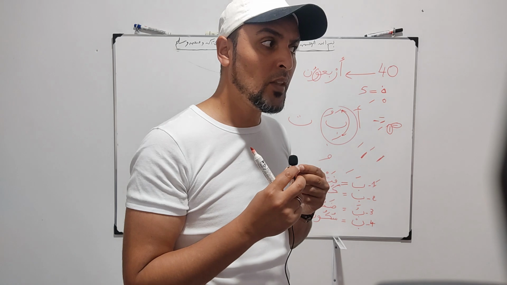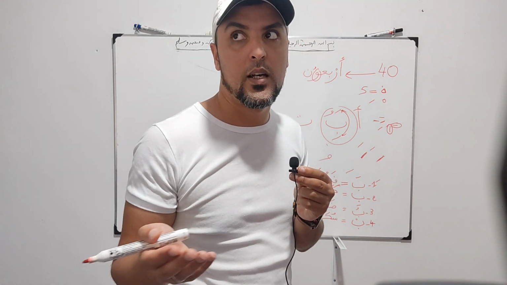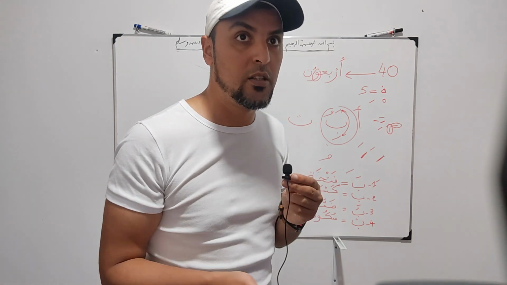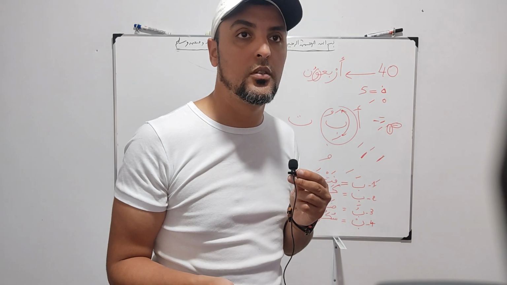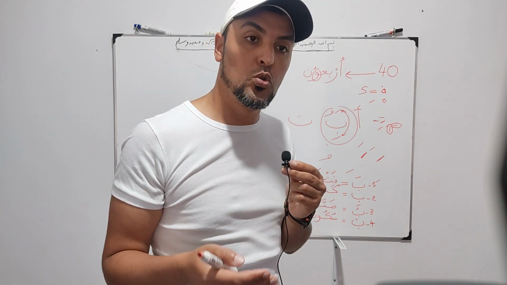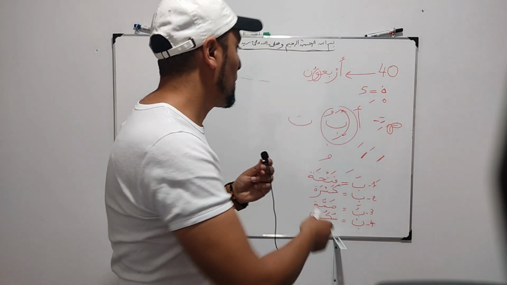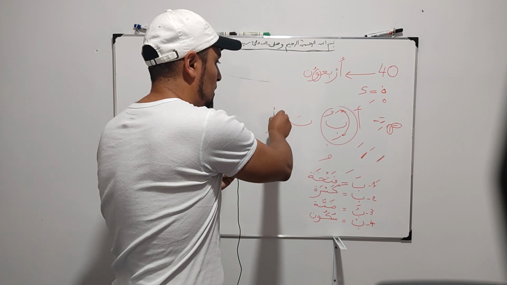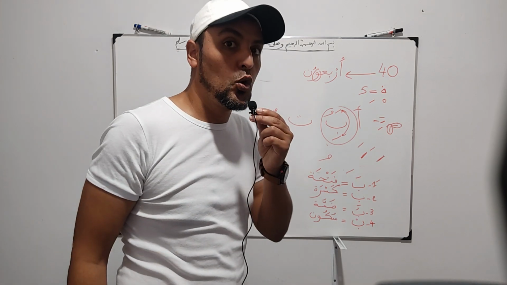If you replace it with ta instead of ba, you will say tu. If it comes to jim, it will be ju. If it comes to, for example, ra, it will be ru.